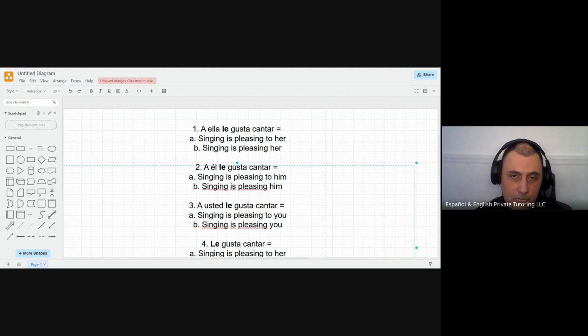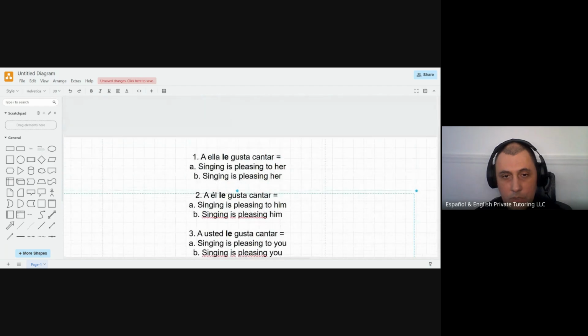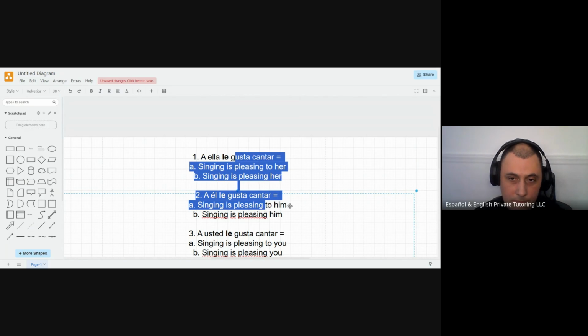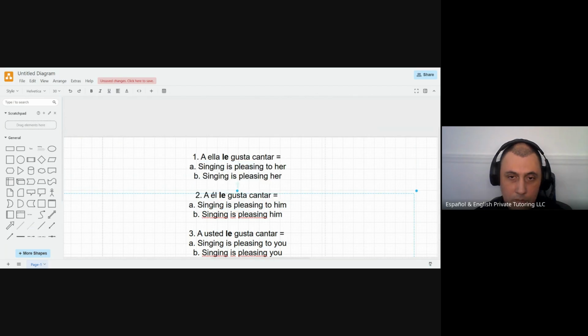We can have the same in Spanish, but in Spanish it's a little more complex because le in Spanish can mean 3 different things. Le in Spanish can refer to her, can refer to him. Sorry, le in Spanish can translate in English as her, him, or you.